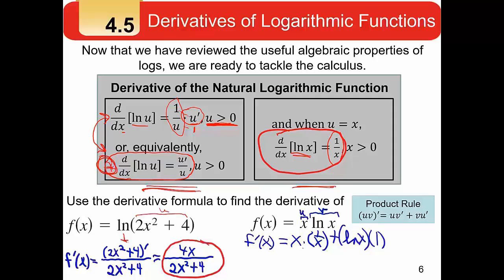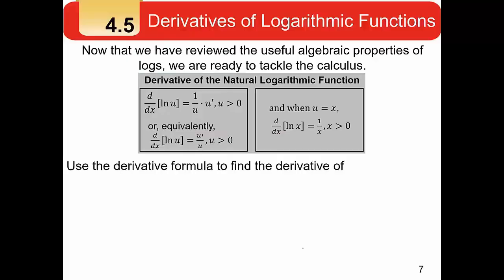And obviously, x times 1 over x is just 1. And 1 times log x is just log x, so you end up with the derivative of 1 plus the natural log of x. This is not difficult, but you do have to have some basic things in your head, and you have to practice to make sure you don't make careless mistakes, or at least to minimize those.